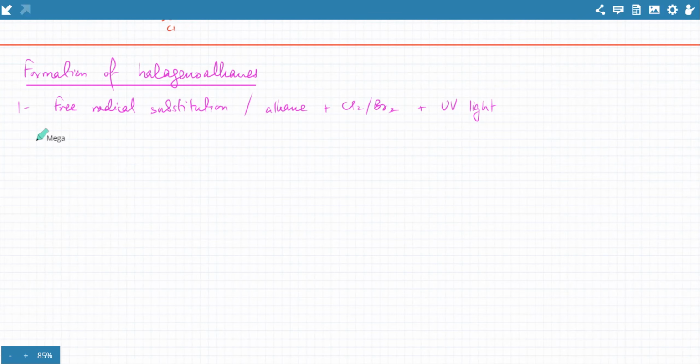Number two, the reaction that we studied was the electrophilic addition reactions of alkenes.